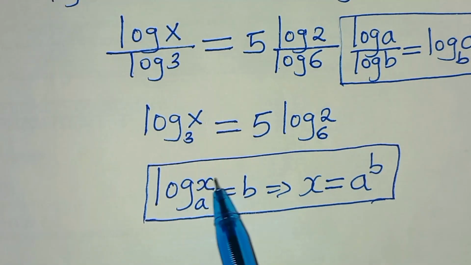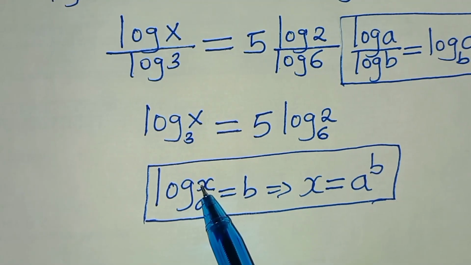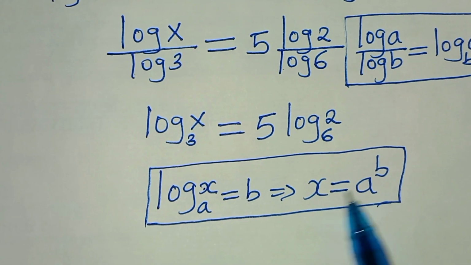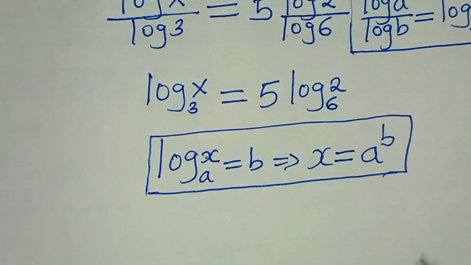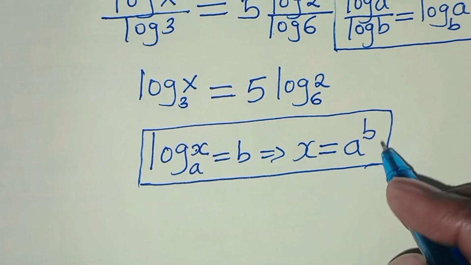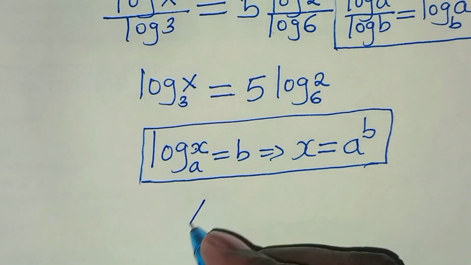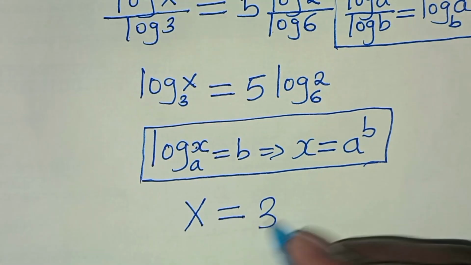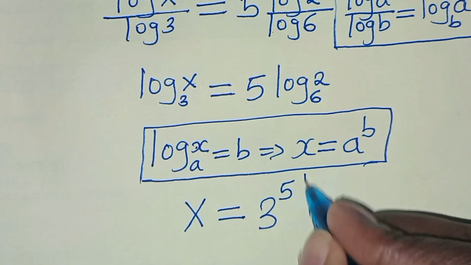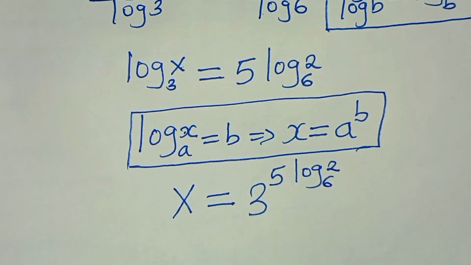If you have a logarithm of x to base a equal to b, then the value of x is the same thing as a raised to power b. So we express this in index notation, so that x is equal to 3 to power 5 log 2 to base 6.